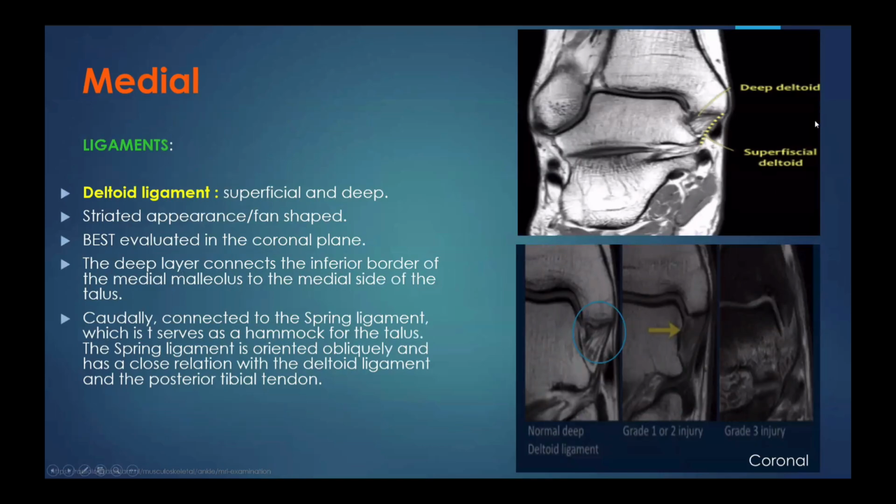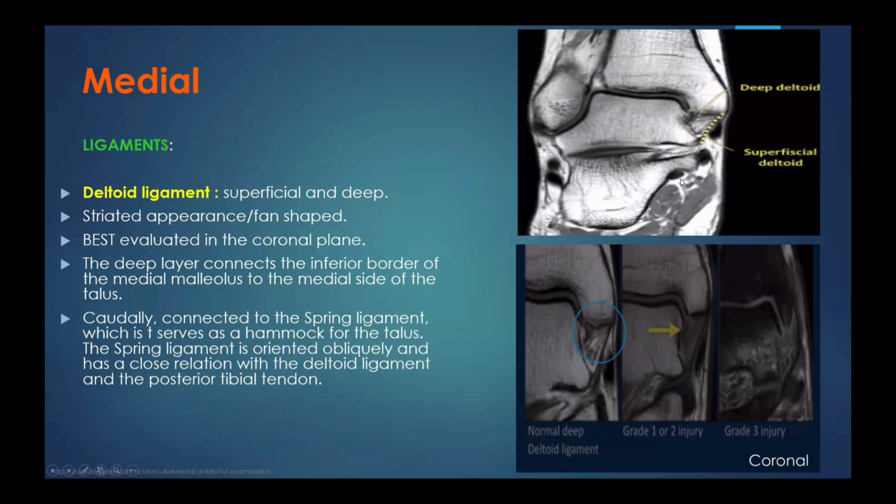Regarding the ligament of the medial compartment of the ankle joint, we have the deltoid ligament, and it has two parts, superficial and deep part. Usually appears on MRI as striated and fan-shaped appearance, and best seen on coronal images. This is coronal T1 weighted images and demonstrate the linear low signal structures.